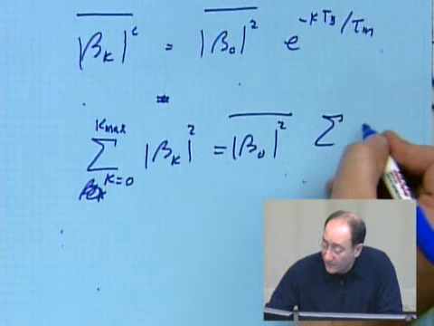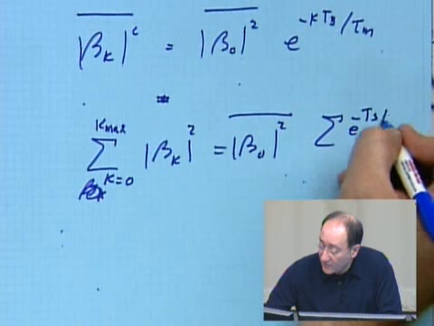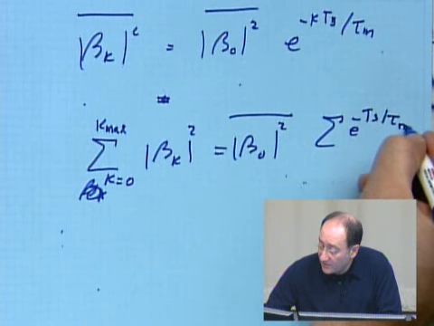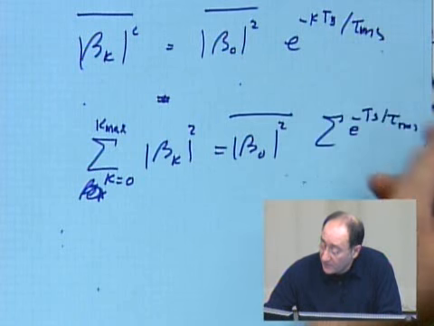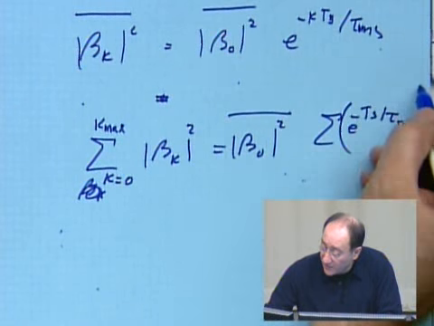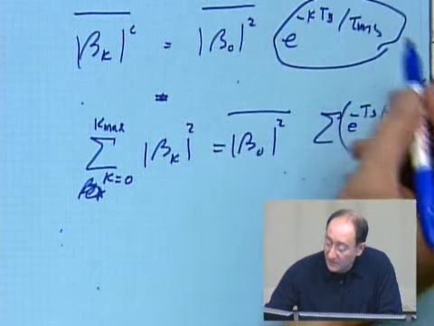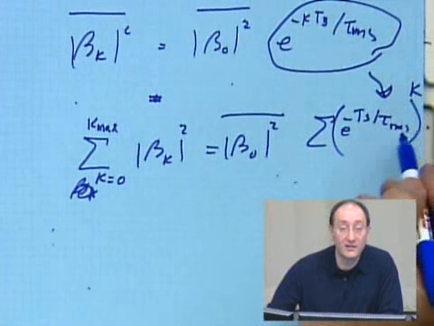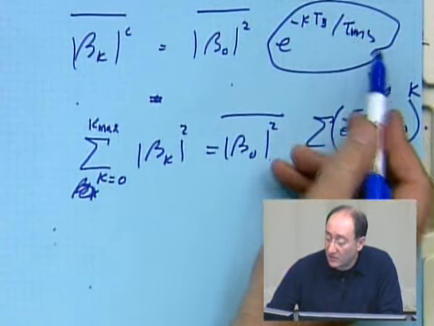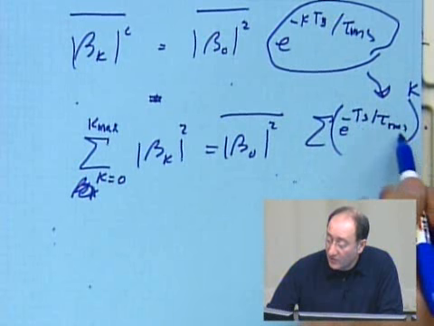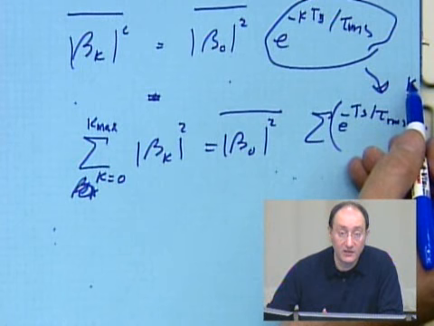I have the sigma of e to the minus ts over tau RMS, or I call it tau m in here, or it could be tau RMS actually, to the power of k. Okay, this thing can be written in this format. Is that right? This is an exponential, k times ts over tau RMS, which is e to the minus ts over tau RMS to the power of k. That's only an exponential.